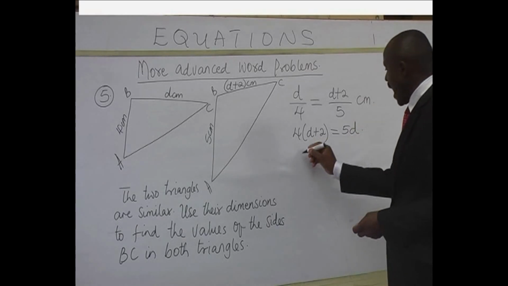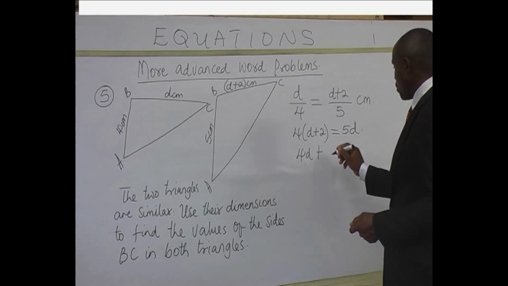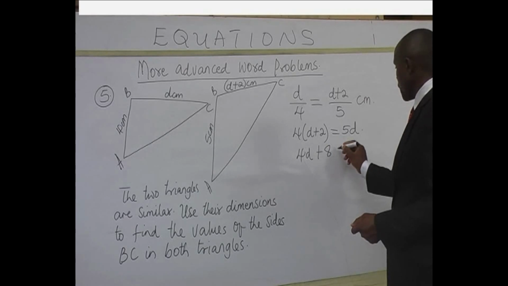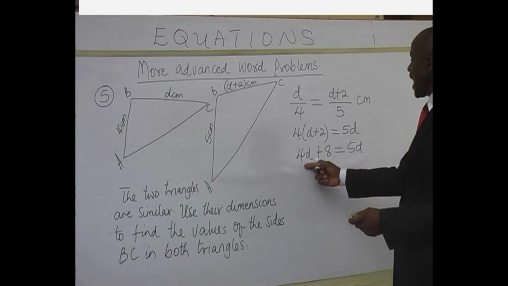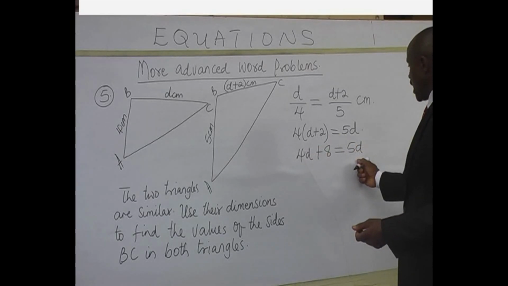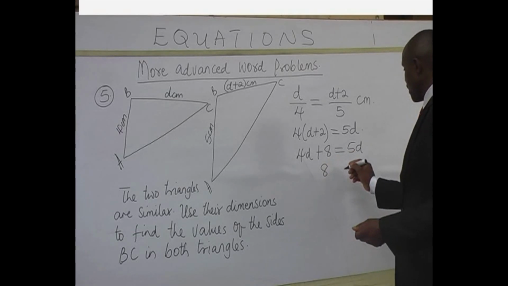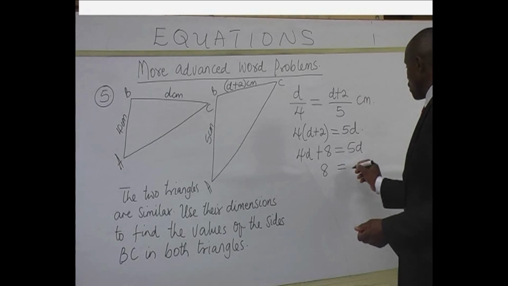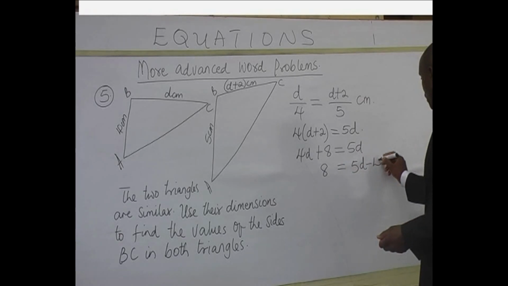Remove the bracket. You have 4 times D, which gives you 4D, plus 4 times 2, which gives you 8, is equal to 5D. Take 4D from the left-hand side of the equation to the right-hand side. It will change to minus. You'll be left with only 8 on the left-hand side, and it's going to be equal to 5D minus 4D.